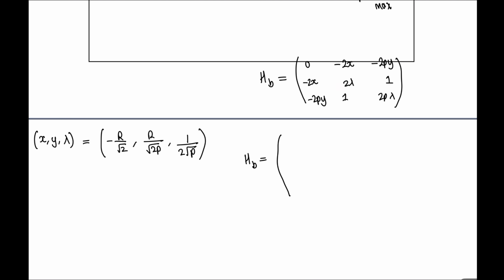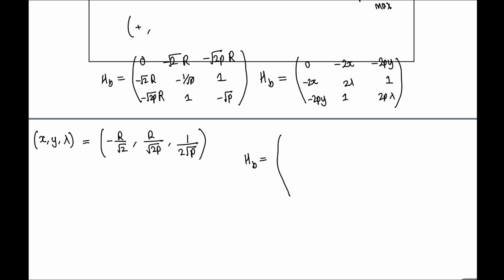And if I also write down our simplified bordered Hessian that we got for solution number 1, it was 0 minus root 2r minus root 2pr minus root 2r minus root 2pr. And our solution was a positive, and then a negative.